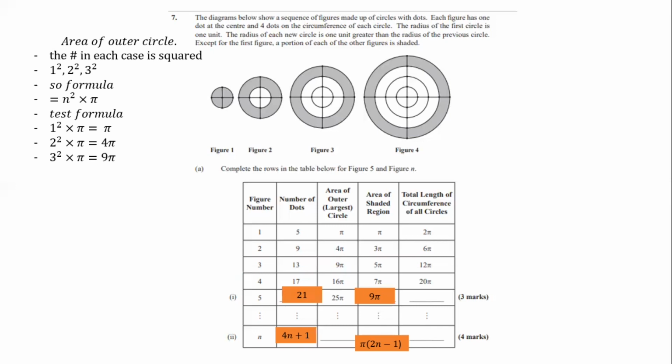And 3 squared multiplied by pi, 3 squared is 9, multiplied by pi gives us 9 pi. So for this column, our general formula is n squared multiplied by pi. And that is our 5th mark. So we have 2 more marks to go.